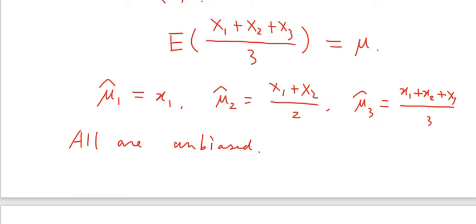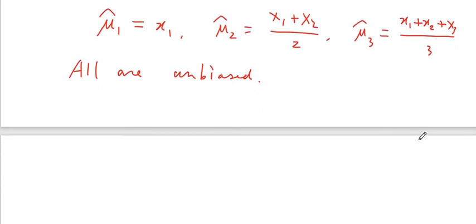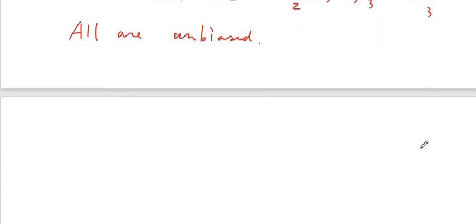Okay, so among unbiased estimators, we say mu3 is better than mu1 and mu2. Because all are unbiased, but let's say the true value is here. For this method, the estimate is sometimes here, sometimes here, sometimes here.